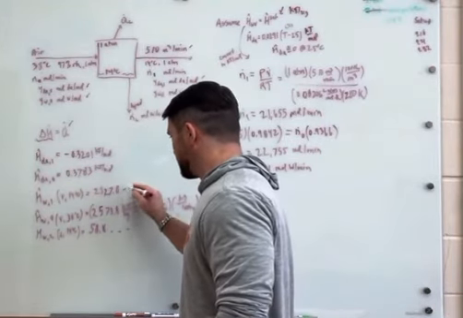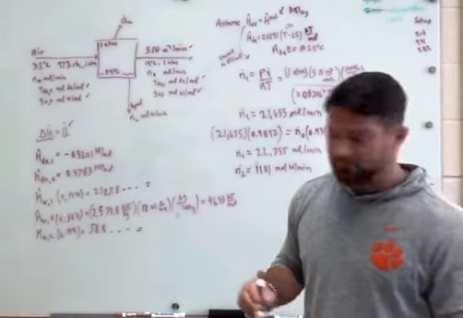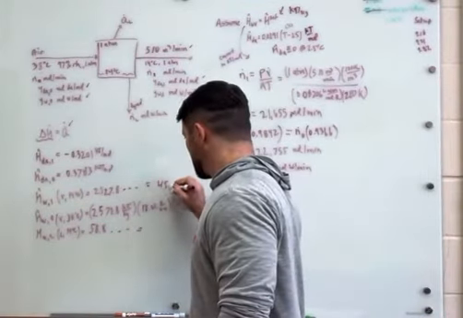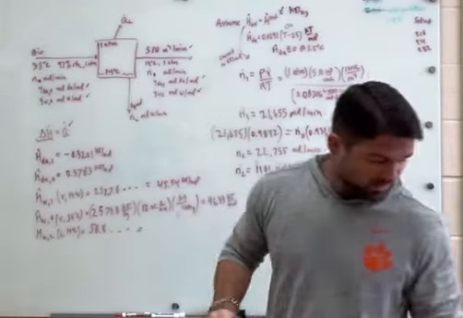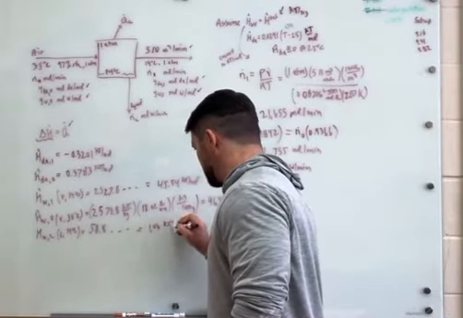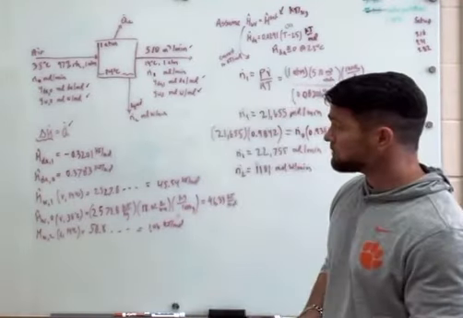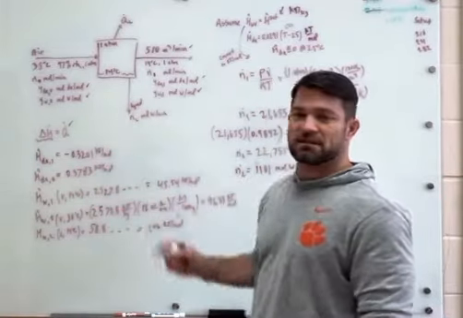And then if I do the same sort of conversions for each one of those, I'm going to get 45.54 kilojoules per mole. And then down here we get 1.06 kilojoules per mole. So we have now the enthalpies for all of these different species.